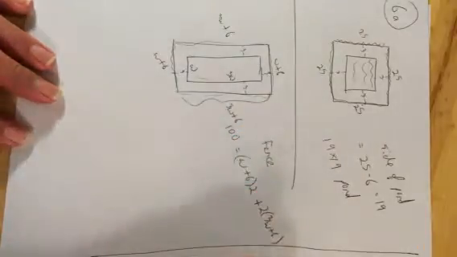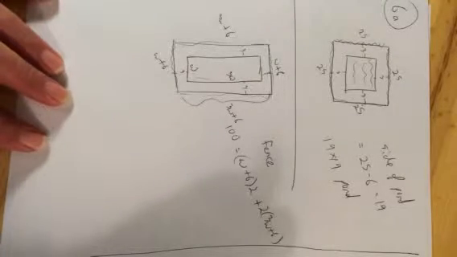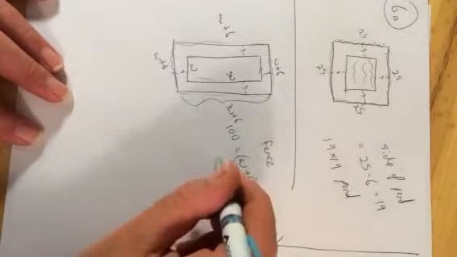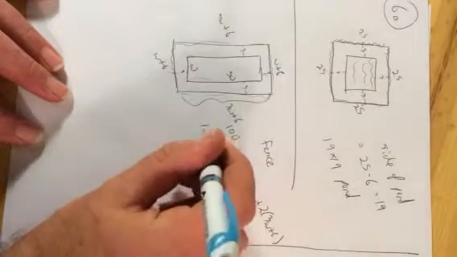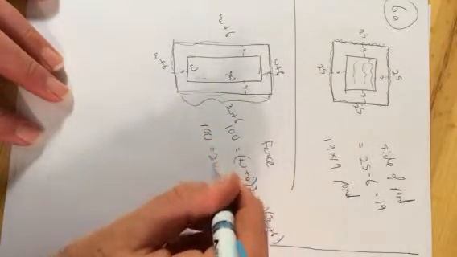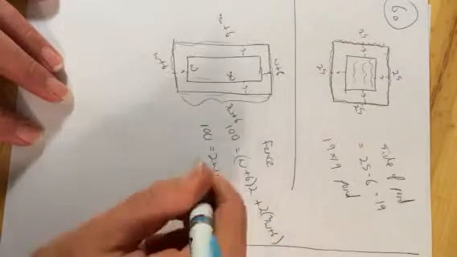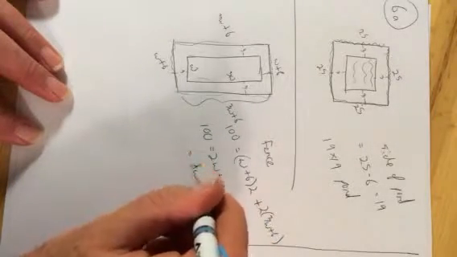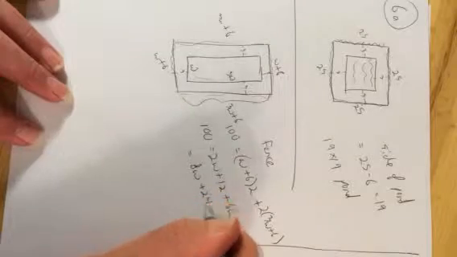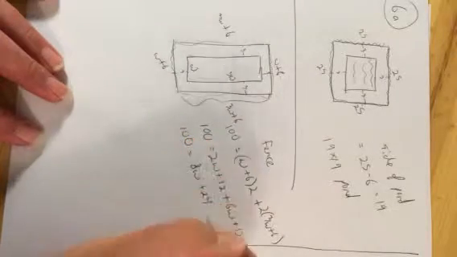So we should be able to solve that for W and figure out the dimensions of this pond. If I multiply this out, I've got 100 equals 2W plus 12 plus 6W plus another 12, which is 8W plus 24 is equal to 100.